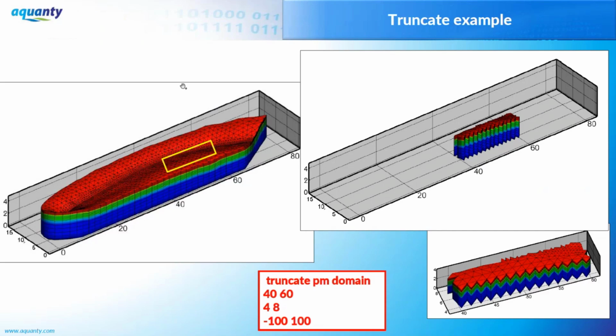I want to keep all the layers, so I give it out-of-range values, and it cuts this area only. And then you can see when it cuts, it will follow an element. It can't cut through an element, so it will choose the line through the element as close as possible to your elements.